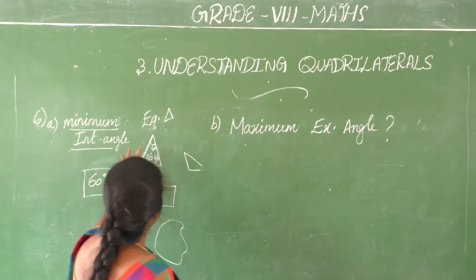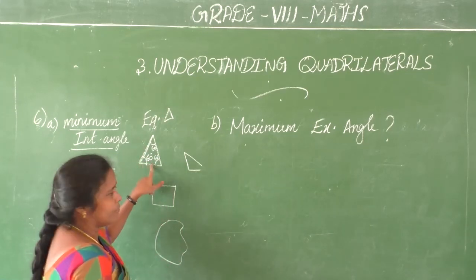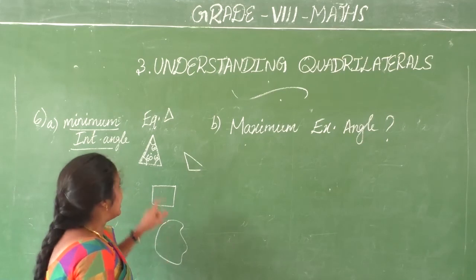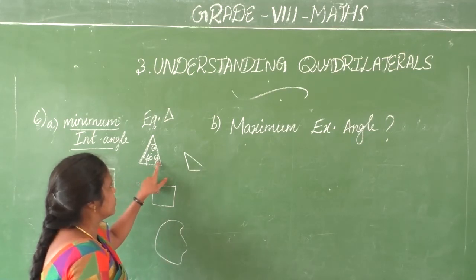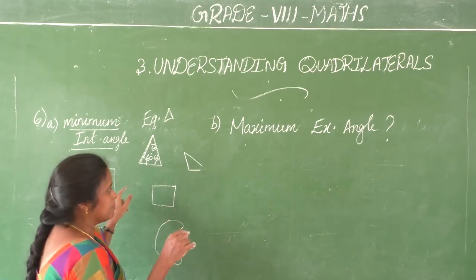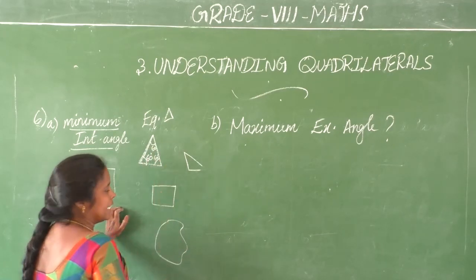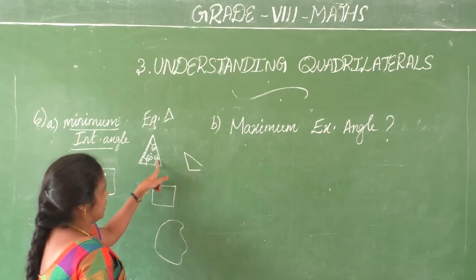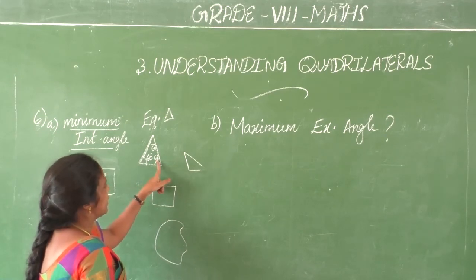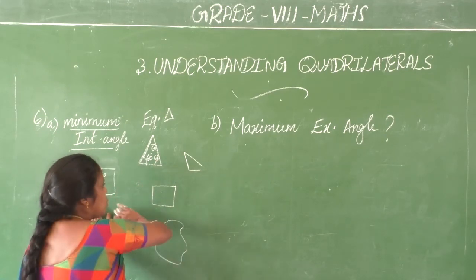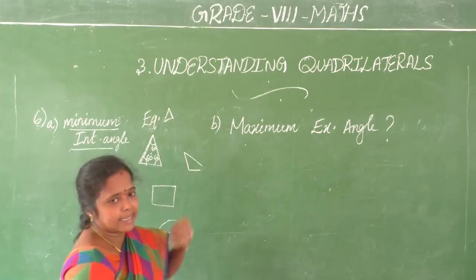How? Based on the minimum number of sides we decided on the equilateral triangle. What interior angle did we choose as per the angle sum property? The sum of the three angles of the triangle is 180 degree. So based on that we found that each interior angle is 60 degree. Clear? Through this we can find this answer also.